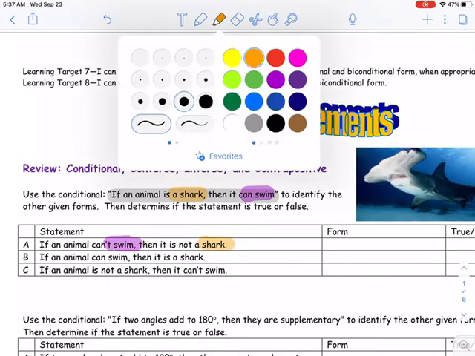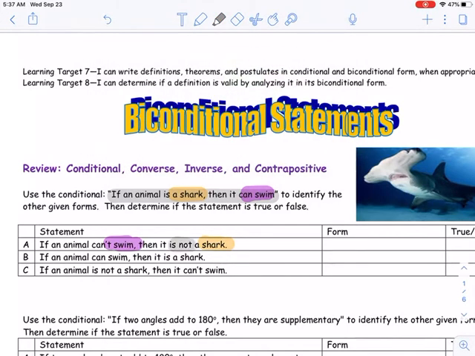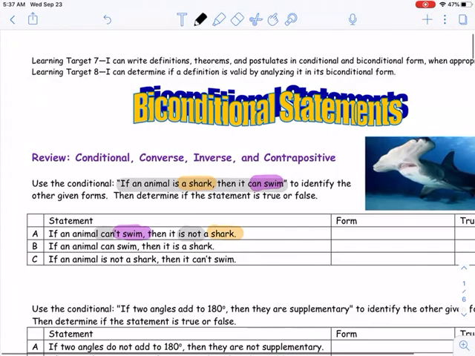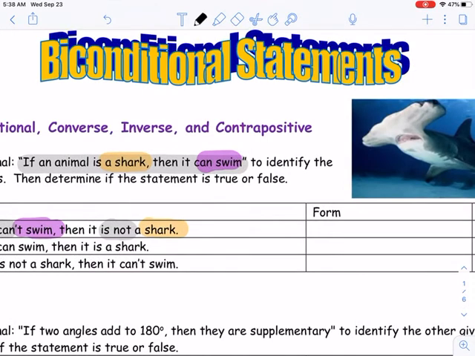Shark's in the back now. Also notice how it's negated, alright? So this is a lot of work, but this is actually a little review of everything. It's the converse, it's the inverse, it's the contrapositive, alright? Contrapositive.